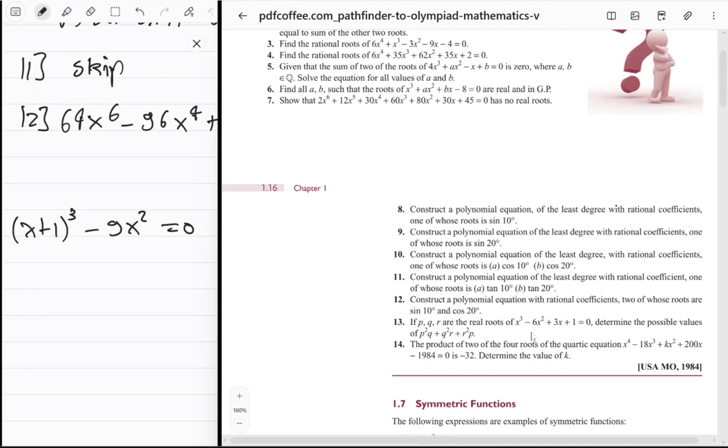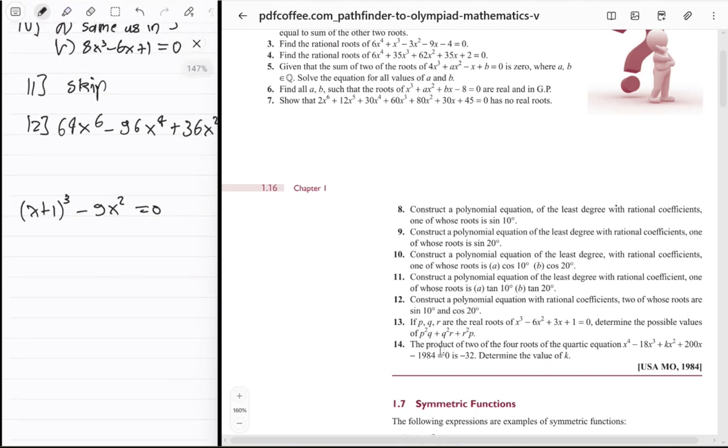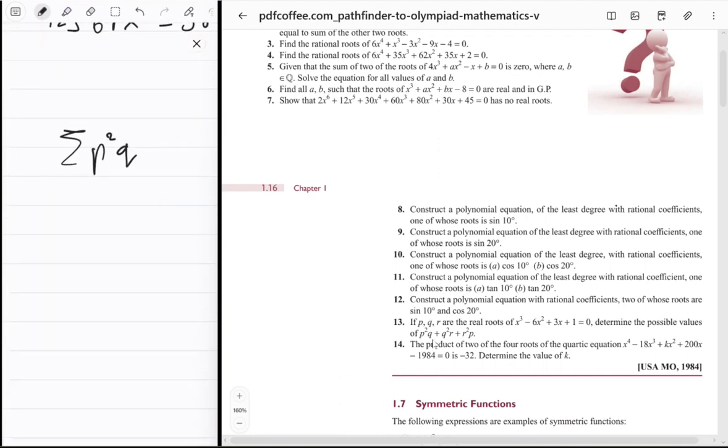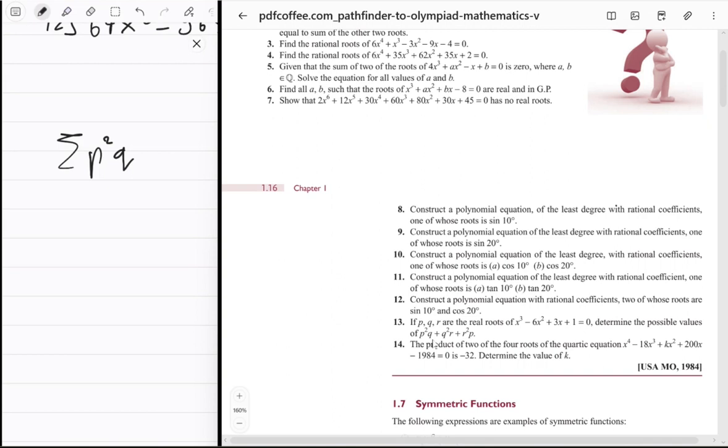You can't figure out the roots in that case, because if it doesn't have rational roots, all p, q, r are going to be irrational. That's problematic. So you have to do something else in that case. Okay. So you got p squared q, like the summation of p squared q, right? Hey, you can write the square in terms of, nah, but that would require a quadratic. It's not a cubic.